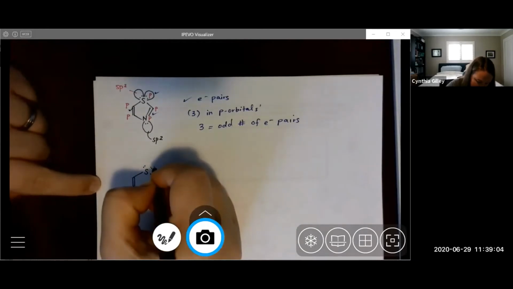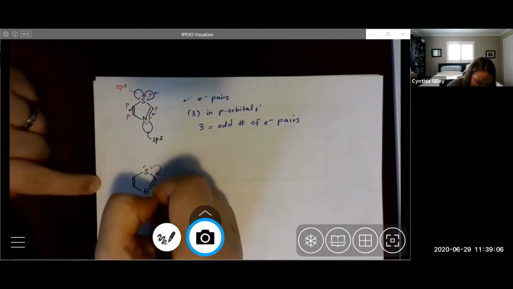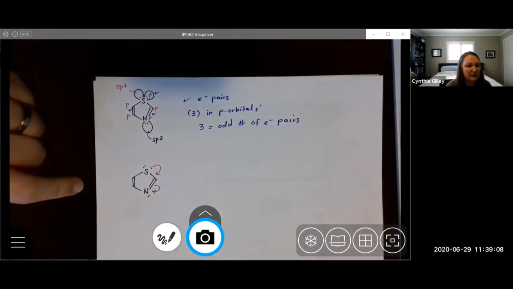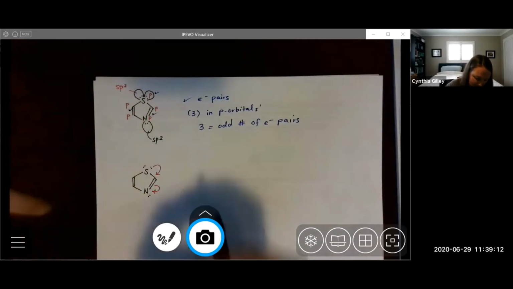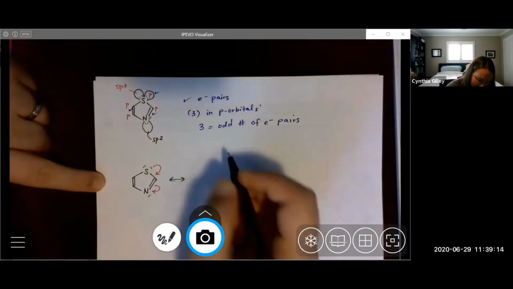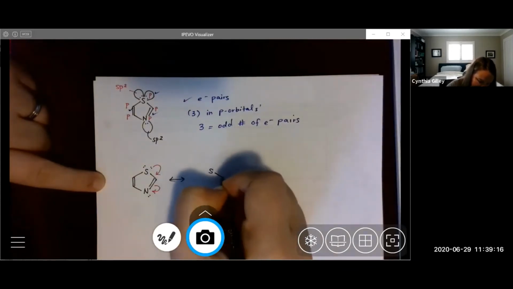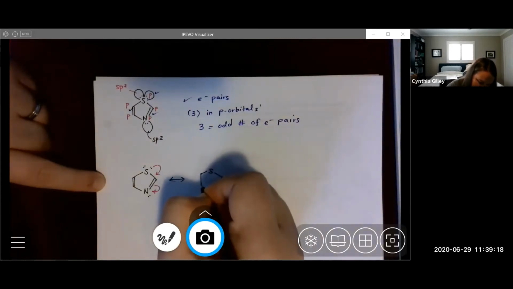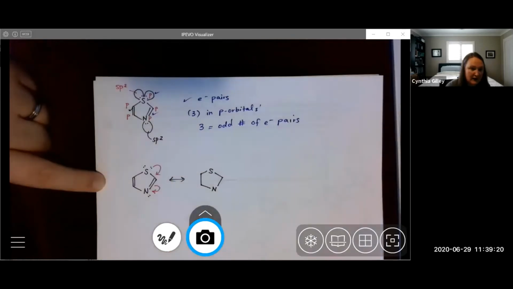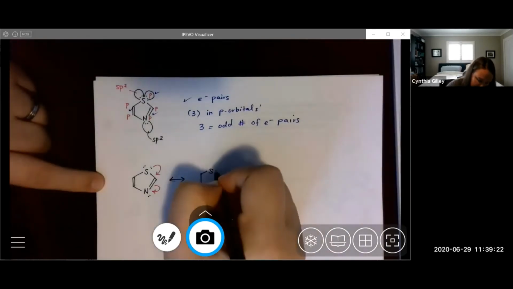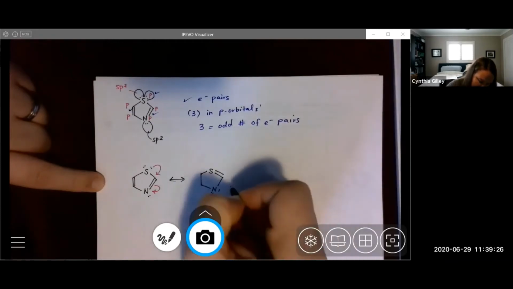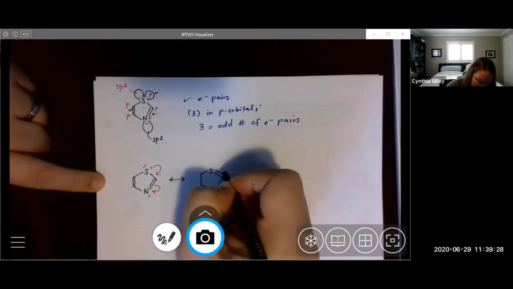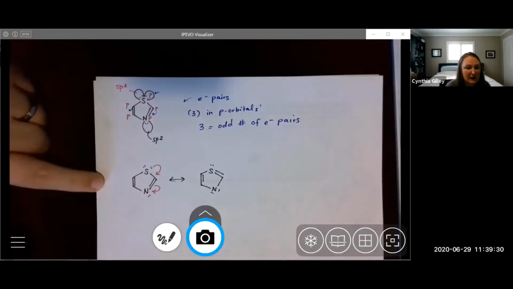So with this one, we picked, we'll just go clockwise, and then we just keep drawing them by shifting where the pi bond is, making sure to potentially draw any formal charge.